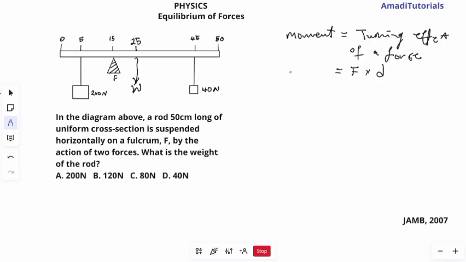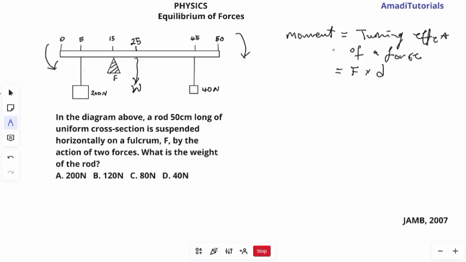When you're talking about moment, you're talking about the tendency of a force to make an object or a body turn or rotate. You see, this body is suspended at point F here. This point is pivoted, which means this rod can tilt either anti-clockwise or clockwise.